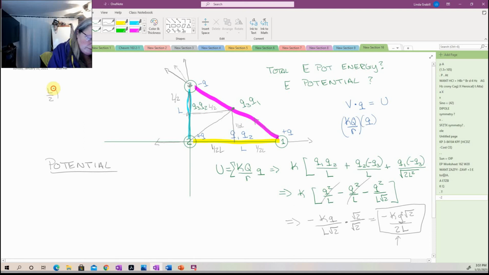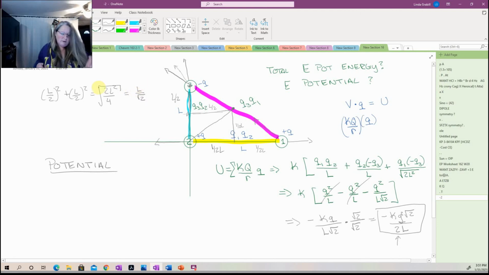So (L/2)^2 plus (L/2)^2. Let's see, that's going to give me L squared over 4, 2L squared over 4. I'm taking the square root of that thing, so I can simplify it in there. So my distance away is going to be L over the square root of 2.